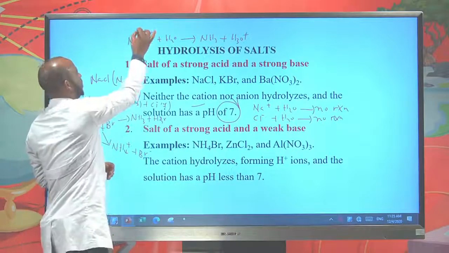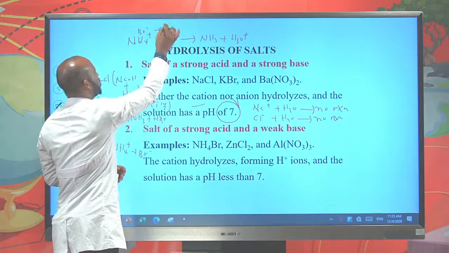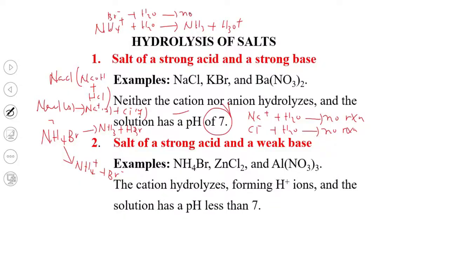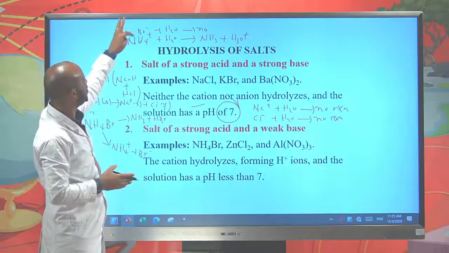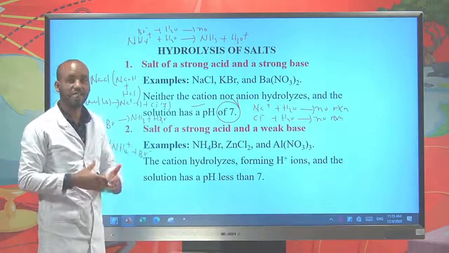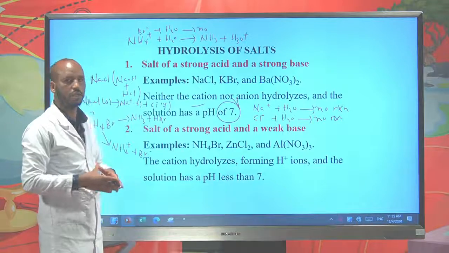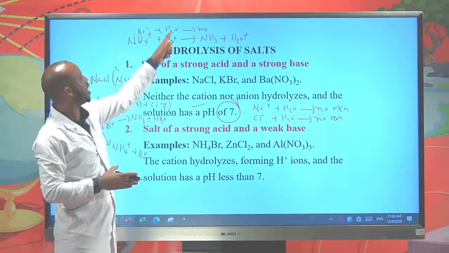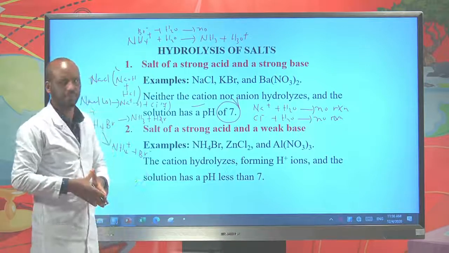Br minus plus water: no reaction, because Br minus has no affinity for H plus. It is the conjugate base of a strong acid, hydrobromic acid. If an acid is strong, its conjugate base is weak, with no tendency to accept a proton from water.